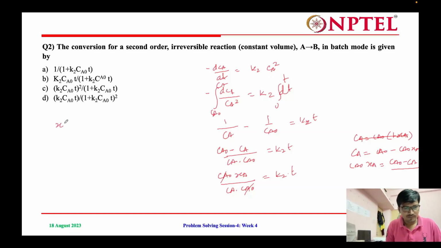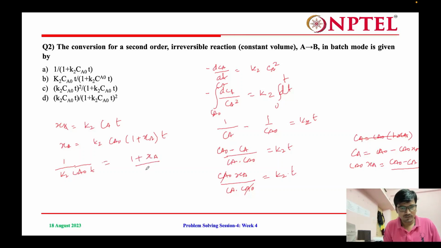So XA equal to k2 CA t. Converting CA into CA0: 1 by k2 CA0 t equal to 1 by XA minus 1.